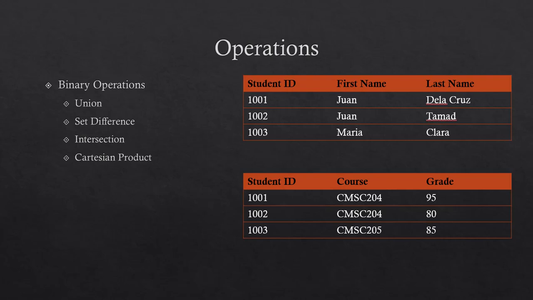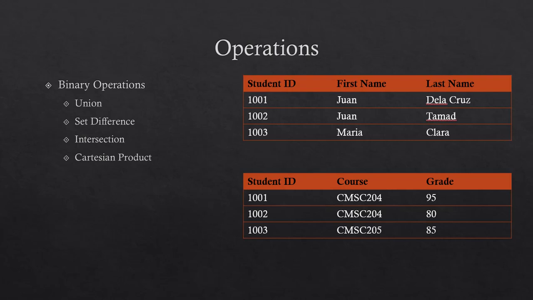So you can say find the courses, CMSC 204, but not students who have first name Juan. That would be an example of a set difference. The same as union, set difference must be union compatible when you're doing the operation.